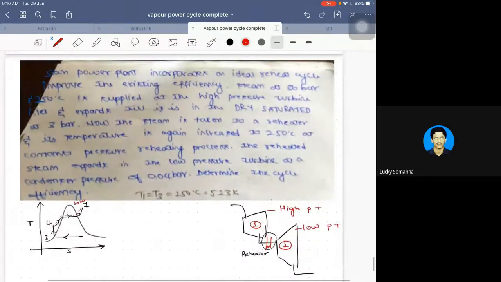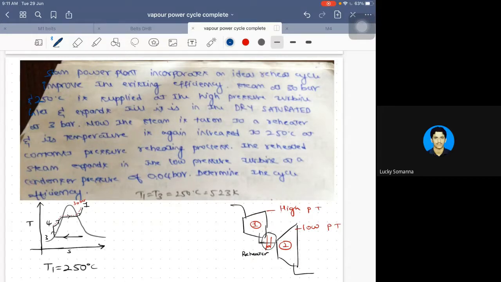And 250 degrees centigrade, can I take it as T1, which equals 250 degrees centigrade, to a high pressure turbine inlet. This is the inlet. Okay, fine, and it expands till it is, now I want you to answer this.